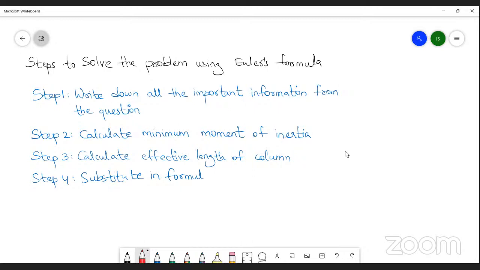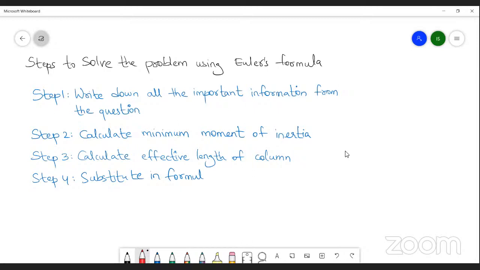So the best way is to write down all the important information from the question in our solution. This is going to help us save our time, and also it's going to help us in writing the exam well, because all the information will be present already.